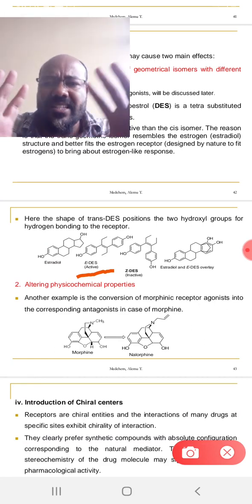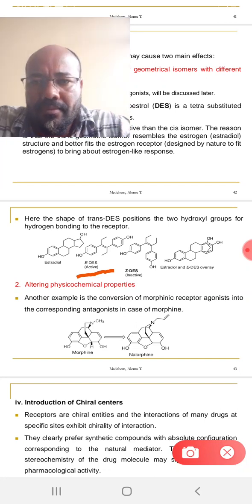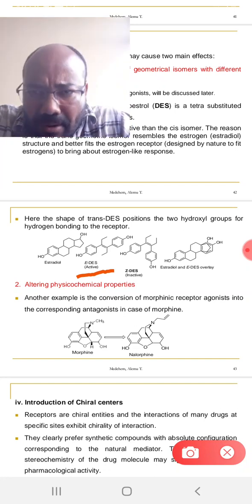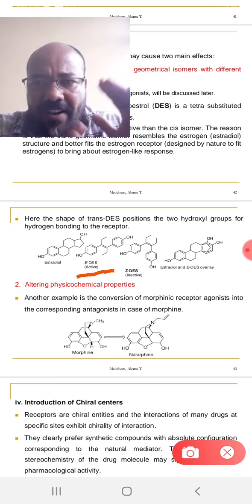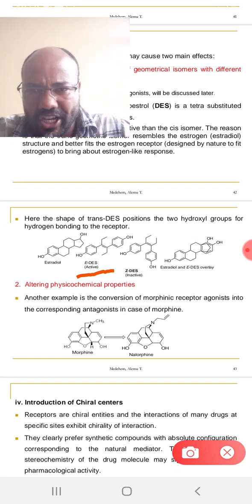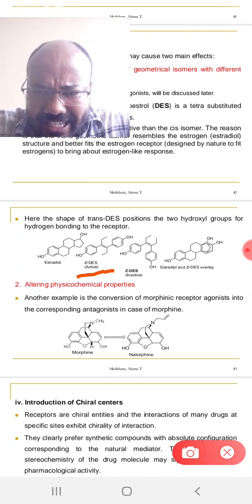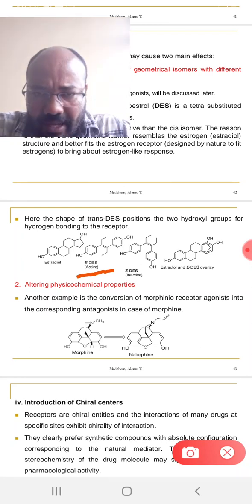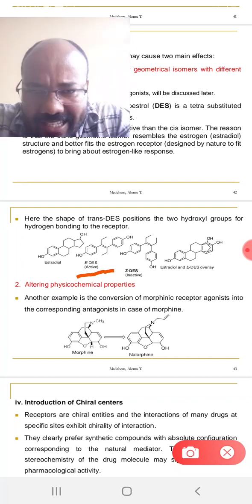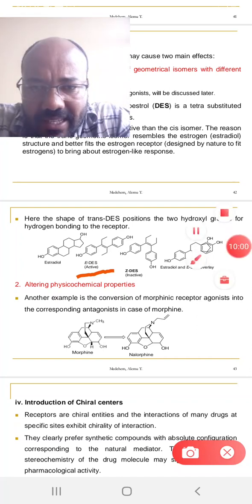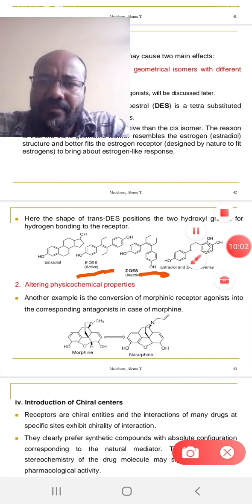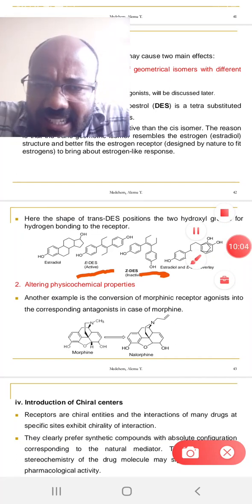These compounds have the same molecules, the same number of atoms, but they differ in their orientation, their structural arrangements. Here, E is active, Z is inactive. The cis is inactive.